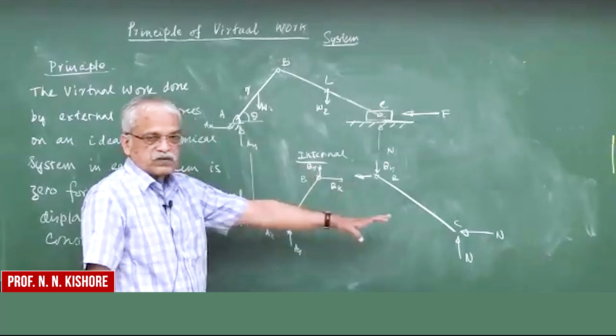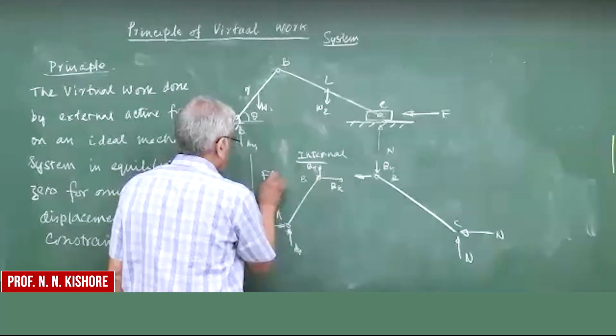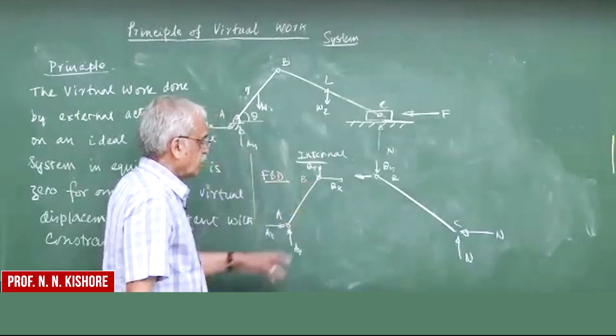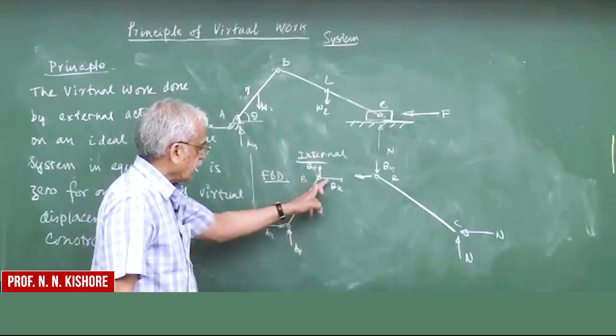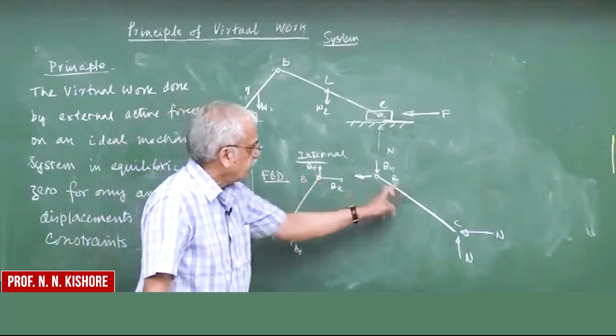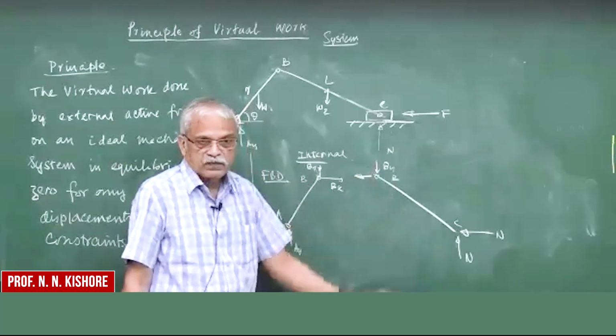Now I wrote the free body diagrams. The force here, Bx By, which is an external force on this link, will also be acting on BC if you draw the free body diagram, but in the opposite direction.